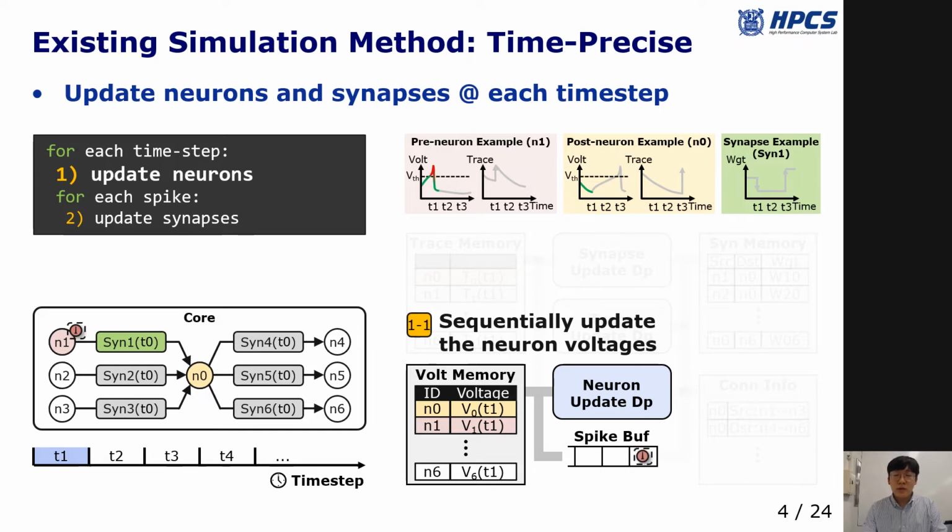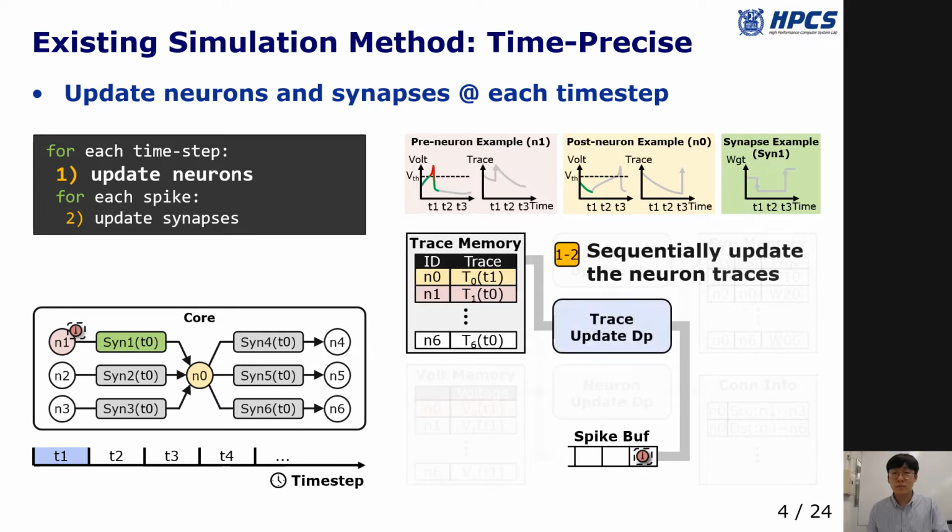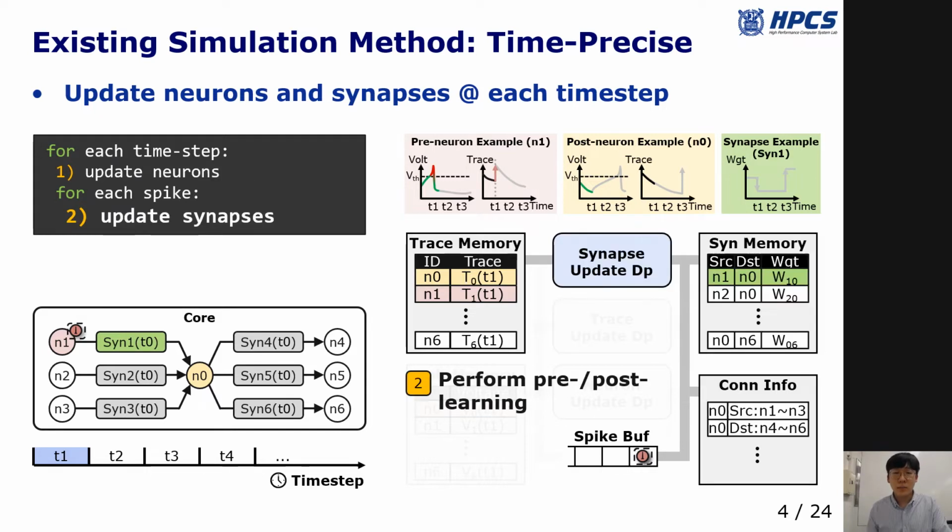If a neuron fires a spike, the spike is stored in the spike buffer. In this case, neuron 1 has fired the spike, and the spike is stored in the buffer. And then, according to the firing activity of the neurons, it sequentially updates the traces, like this. In the second stage, it updates the synapses.